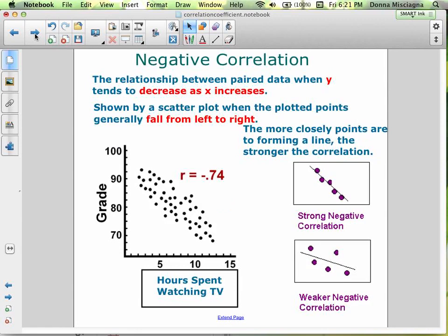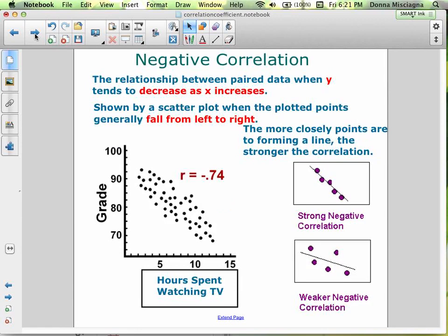And so we have negative correlation, and then we can also talk about the strength of the correlation. The more closely the points are to forming a line, the stronger the correlation is. So in the top example, we have a strong negative correlation because those points are very close to being on that line. A little bit weaker correlation, our points are further away.